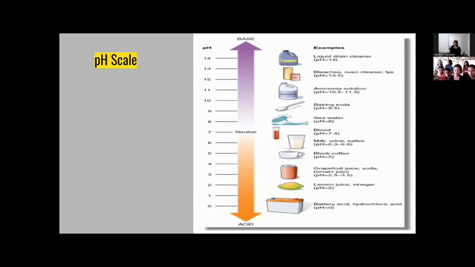As you can see, at the very bottom you have 0, and at the very top you have 14. This is a scale that measures how acidic and how basic a solution is. At the bottom are what are considered acids, and at the top are considered bases.